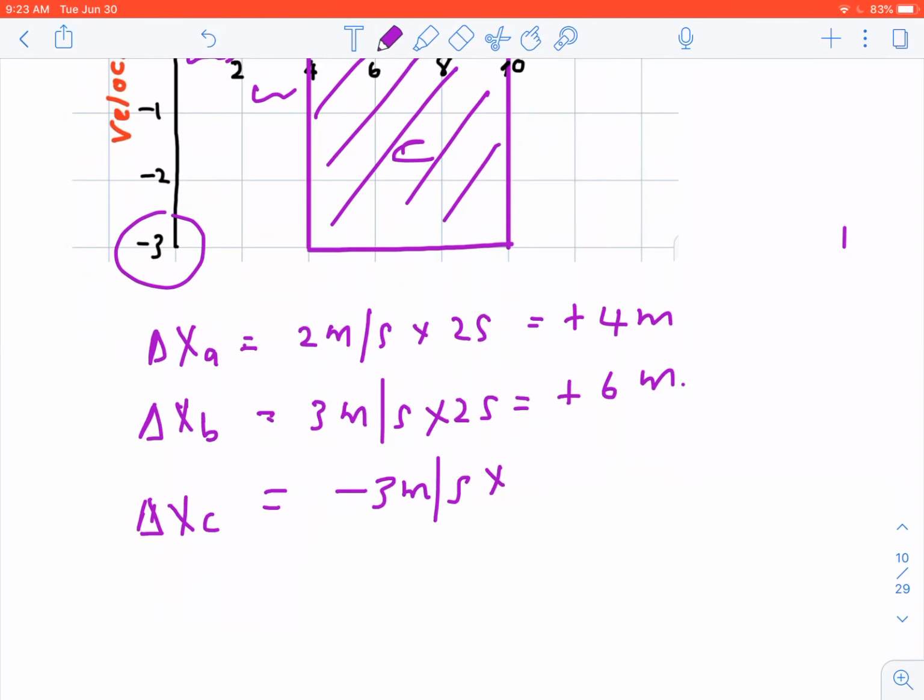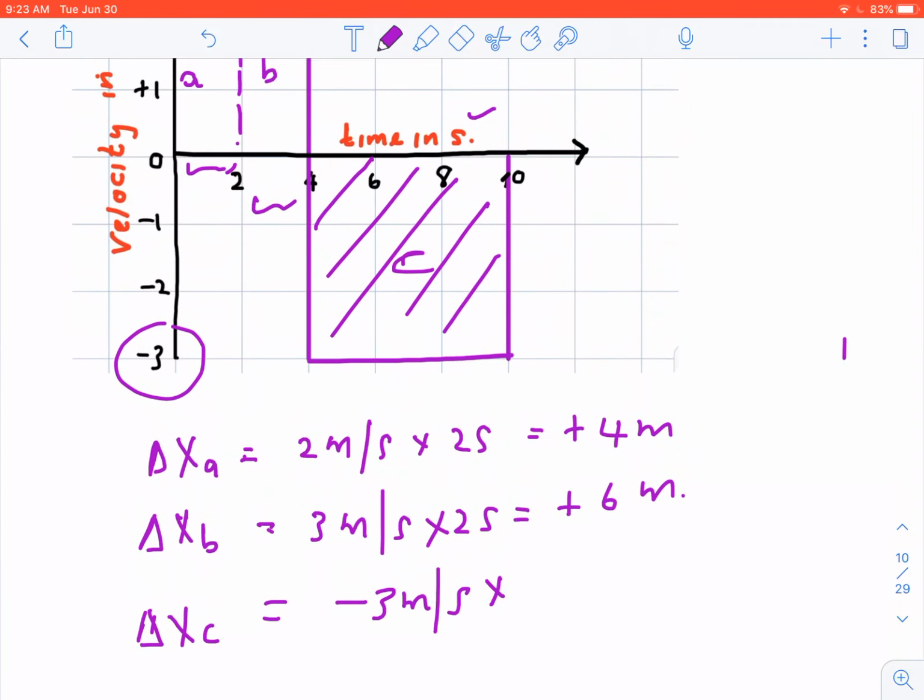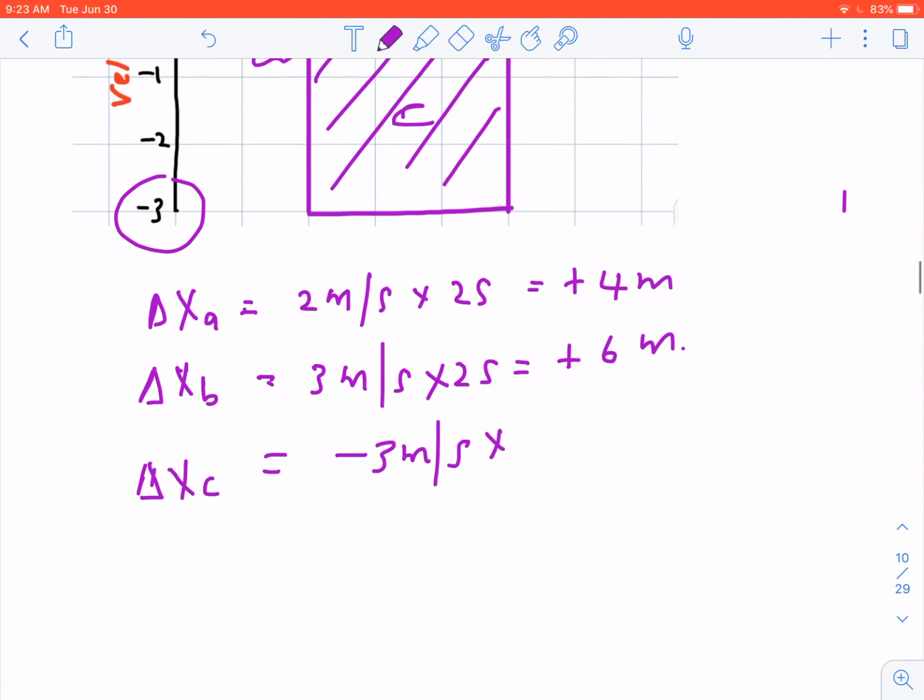And the time interval is from 10 to 4. The change is 6, so it's 6 seconds, and that is equal to minus 18 meters. So there you have plus 10, and here minus 18.